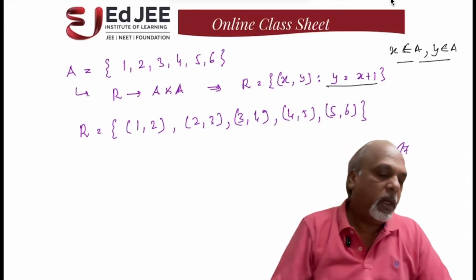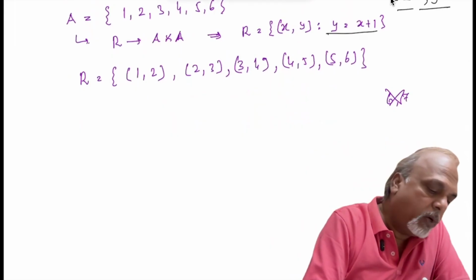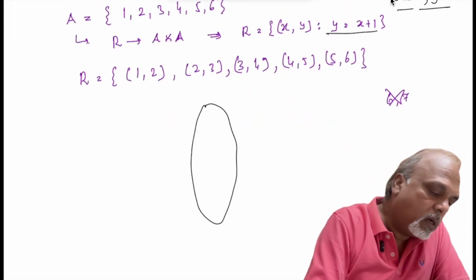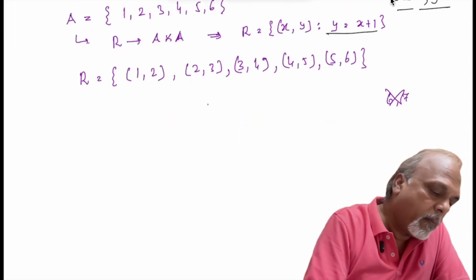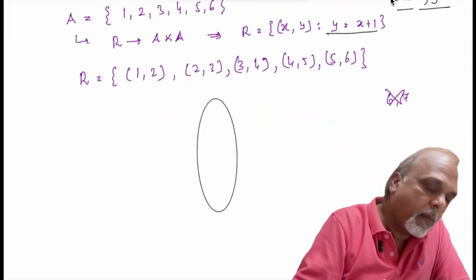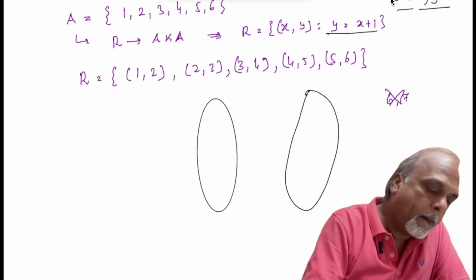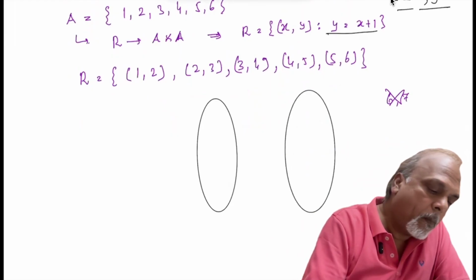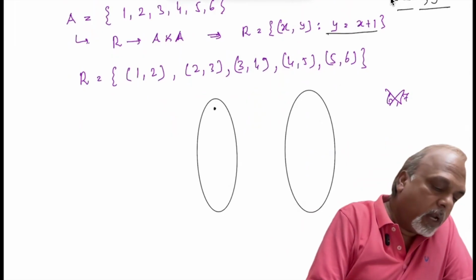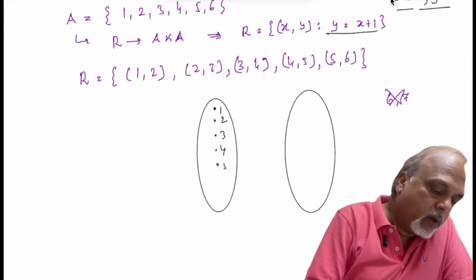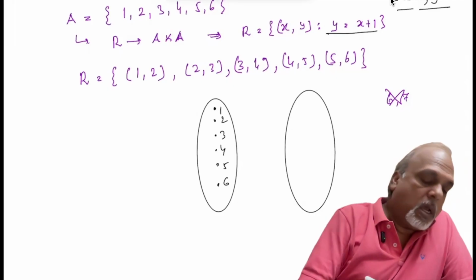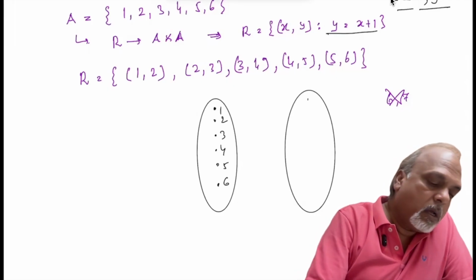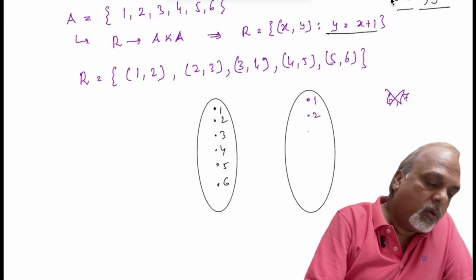Correct? If we ask you to represent it pictorially, then here the elements of X are 1, 2, 3, 4, 5, 6 and the elements of Y are 1, 2, 3, 4, 5, 6.